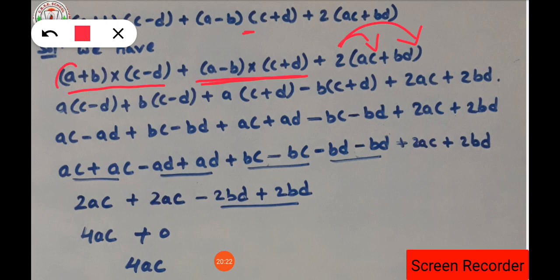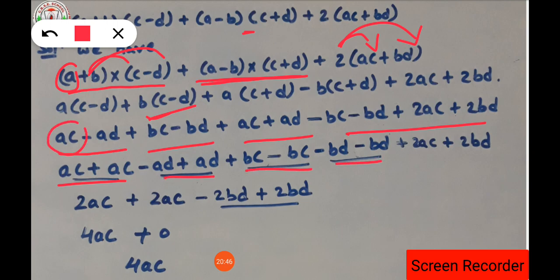So when A multiplies with C and minus D, it will become AC minus AD. In the same way, when plus B is multiplied with C as well as D, it will become BC minus BD. In the same way, we will get the required result. Okay. Now we have to make pairs of the like terms from the above equation.